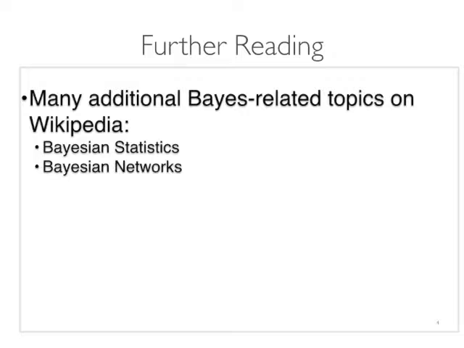Bayesian statistics, of course, we talked about Bayesian networks. These have their own Wikipedia articles. Bayesian inference, which is the use of Bayesian methods in updating decision-making probabilities in response to incoming information. We talked about this in an AI context, but it actually has wide application in many areas outside of data science and artificial intelligence.